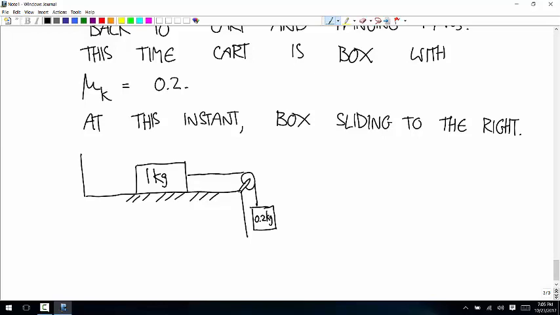Or it's possible that the force applied to this box by the friction going this way is bigger than the force of the cable pulling it that way. And in that case, this thing, even though it's moving to the right now, will be slowing down until eventually it would stop. Does that make sort of intuitive sense of those two possibilities? Okay, so the velocity is this way.